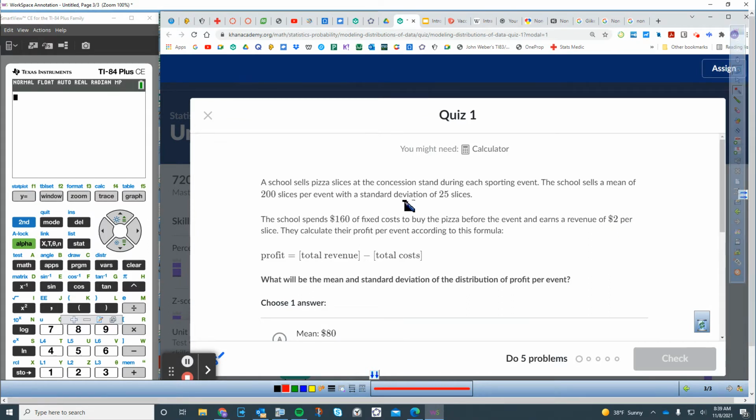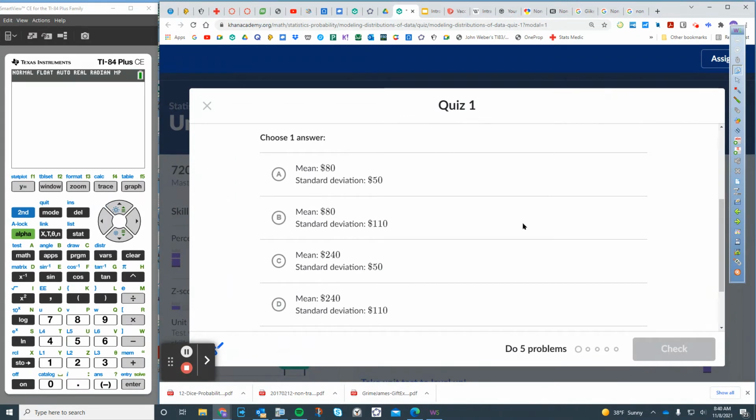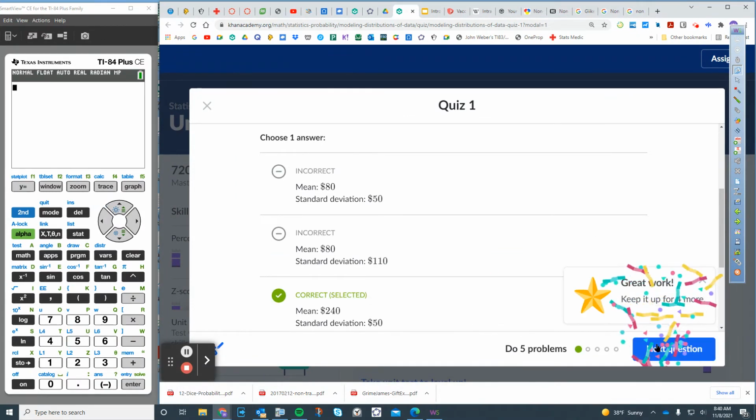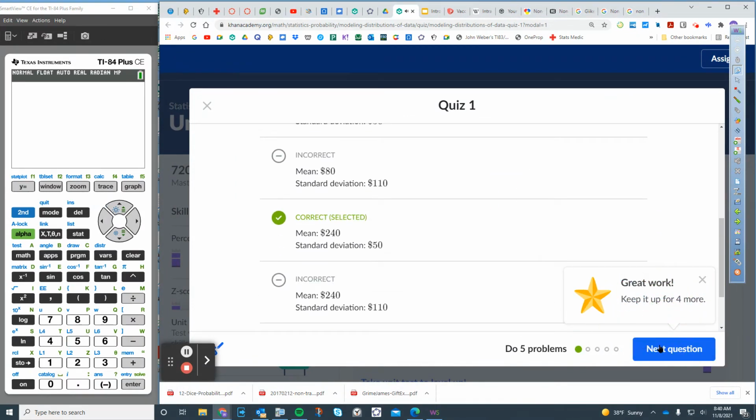Now, interesting, because the standard deviation is 25 slices, and we're multiplying each slice by 2. So 25 times 2, our standard deviation for the profit should be $50.